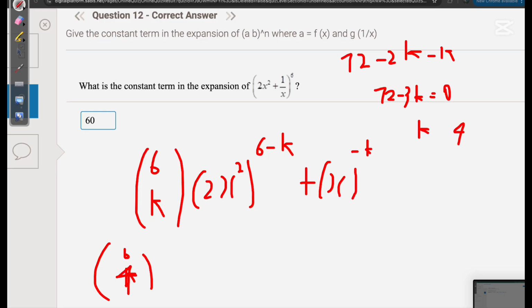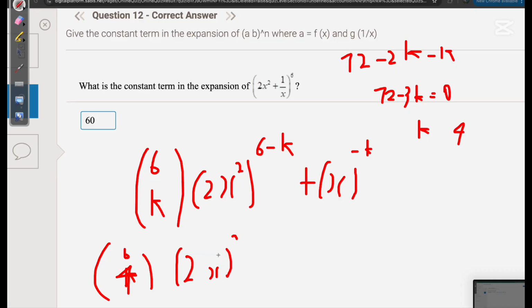So now that we know k is 4, 6C4 2x to the power of, no, what's it called?